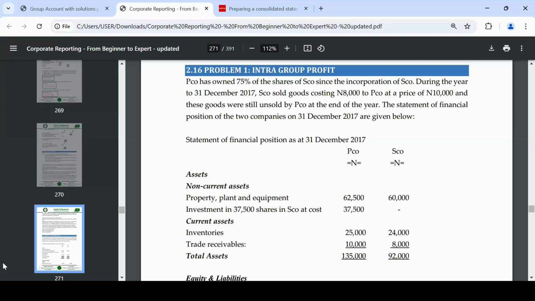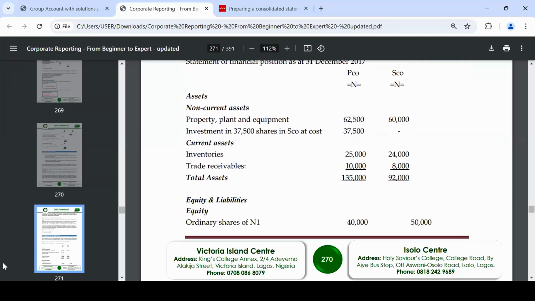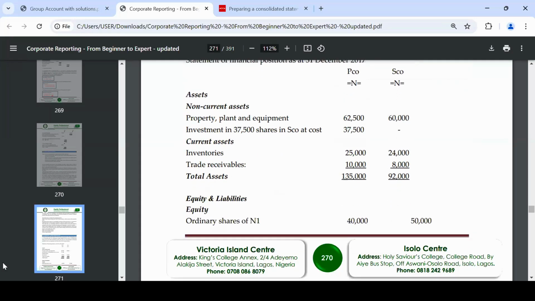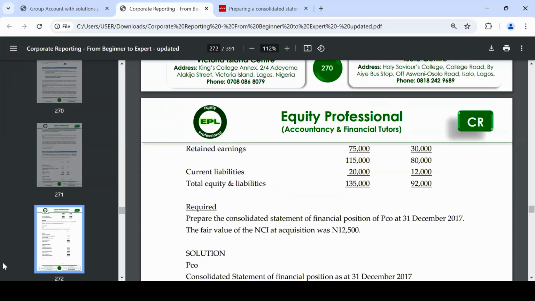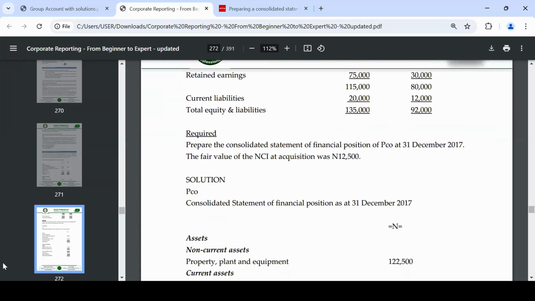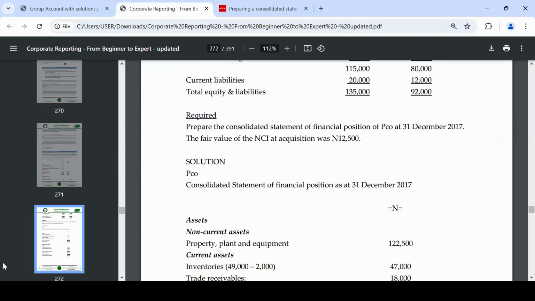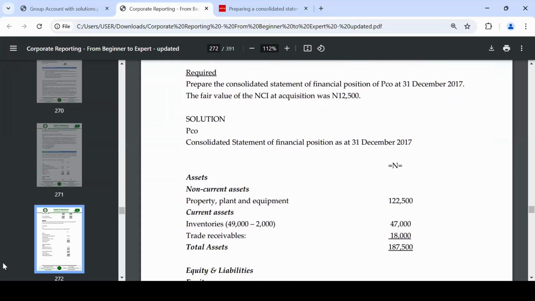Now, the statements of financial position of the two companies on 31st December 2017 are given below. You're required to prepare the consolidated statement of financial position of PICO at 31st December 2017.